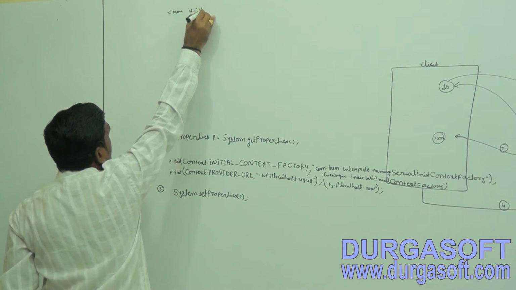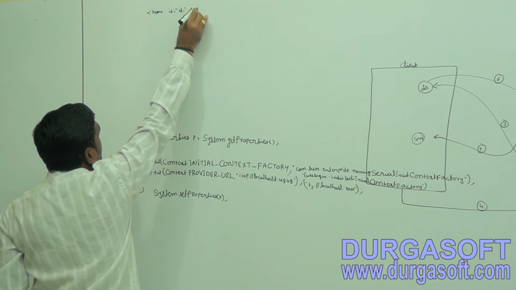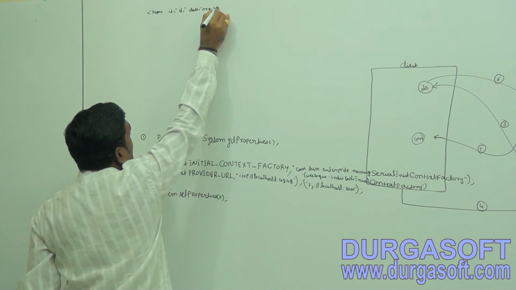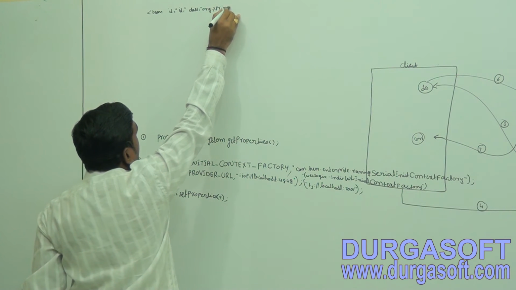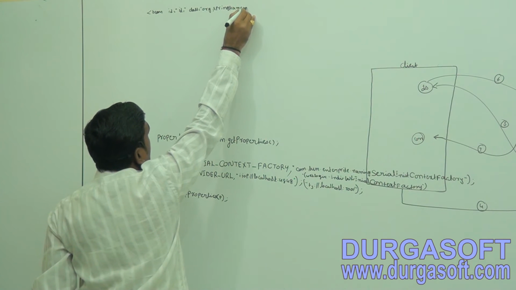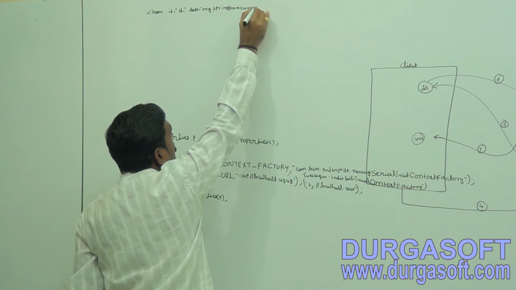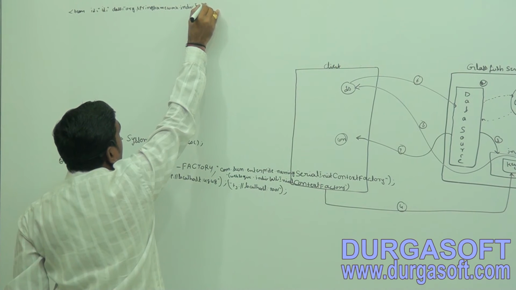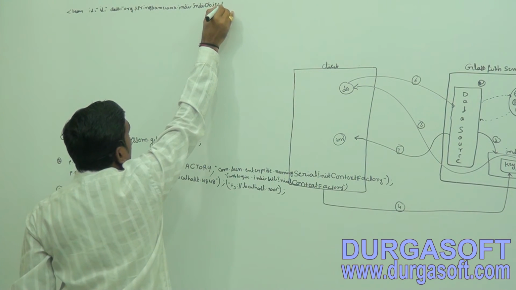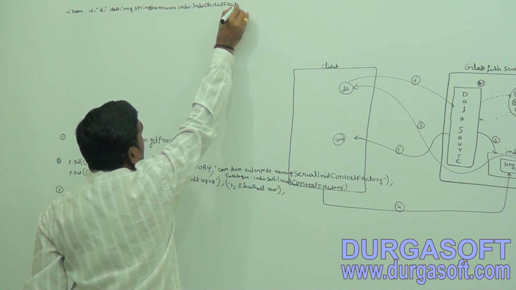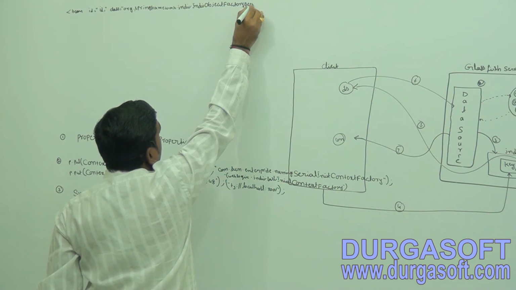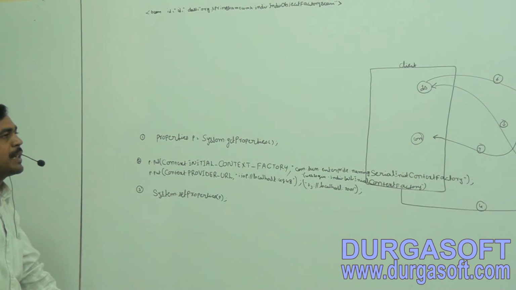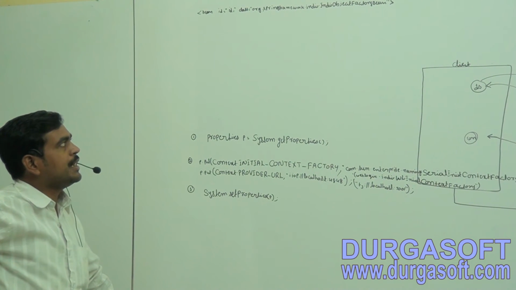Bean id is equal to id1, class is equal to org dot springframework dot jndi dot JndiObjectFactoryBean.